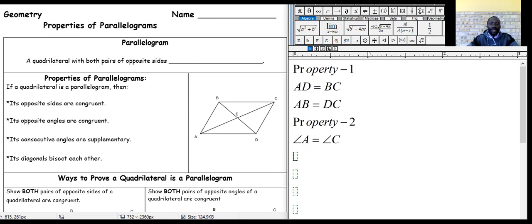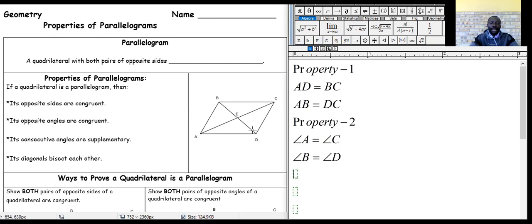The angle at B. This angle here is also opposite to this other angle, and so they are also equal to each other. So it's also opposite to angle at D.